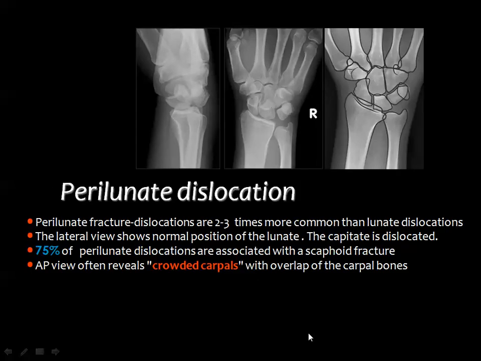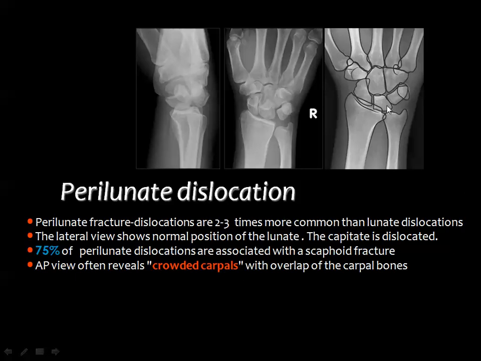Then we come to the perilunate dislocation, which is 2 to 3 times more common than lunate dislocation itself. First of all, what are the bones adjacent to the lunate?